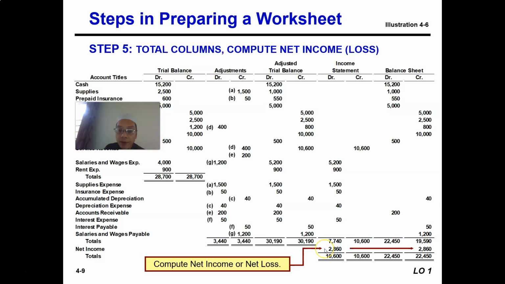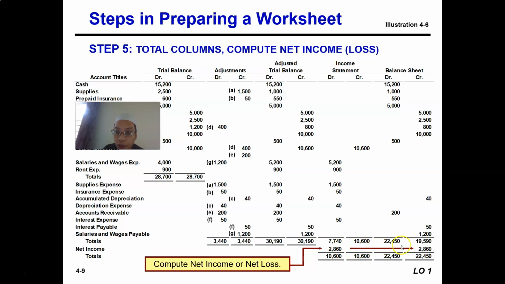This is the net income, and this net income needs to be transferred to the balance sheet on the opposite side. Because on the income statement the credit side is more than the debit side by 2,860.